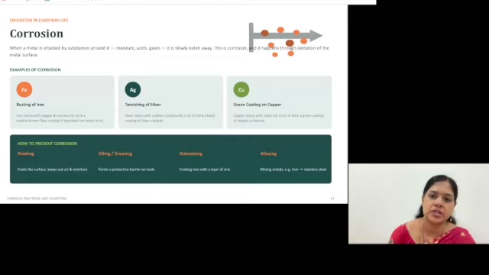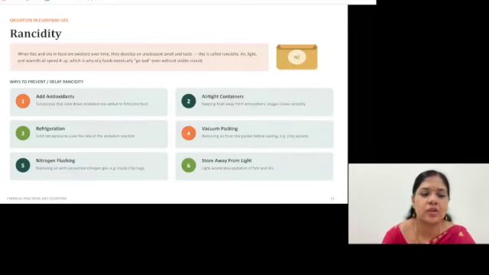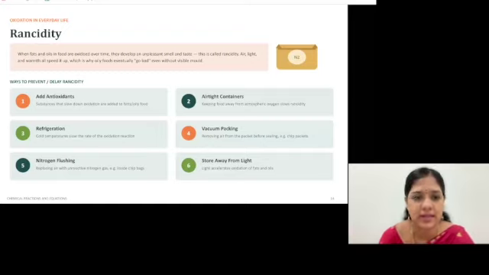An everyday example of oxidation is rancidity. When fats and oils in food get oxidized over time, they develop an unpleasant smell and taste. There is no visible mold, but you get an unpleasant smell from packed foods.